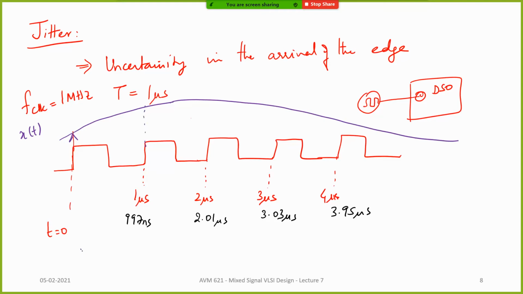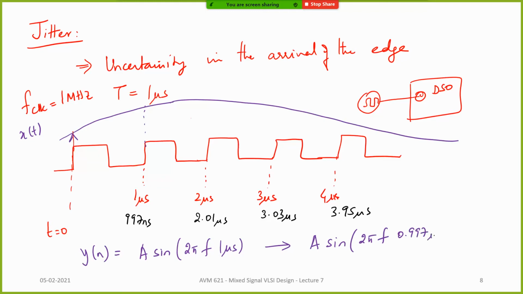In other words, your y of n should be nothing but sine 2 pi f times 1 microsecond. Correct? This is what you wanted. But what did you get? You get sine 2 pi f times 0.997 microsecond.